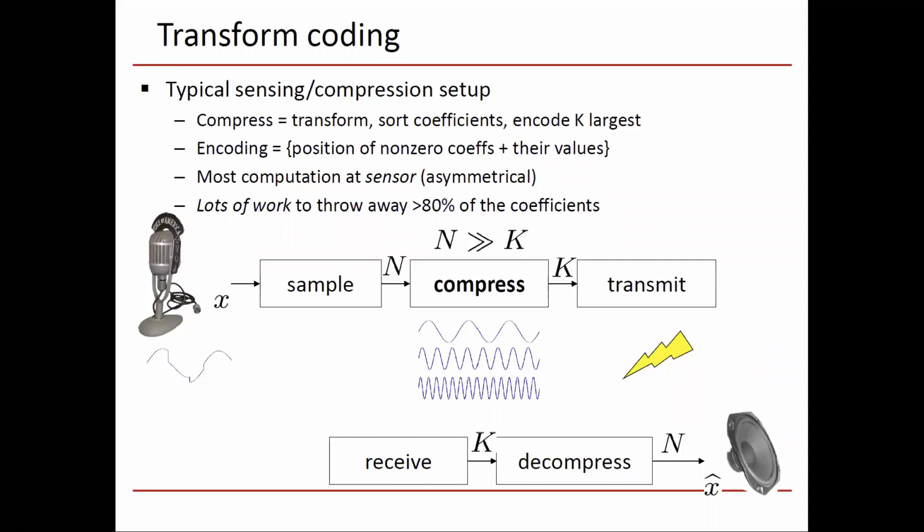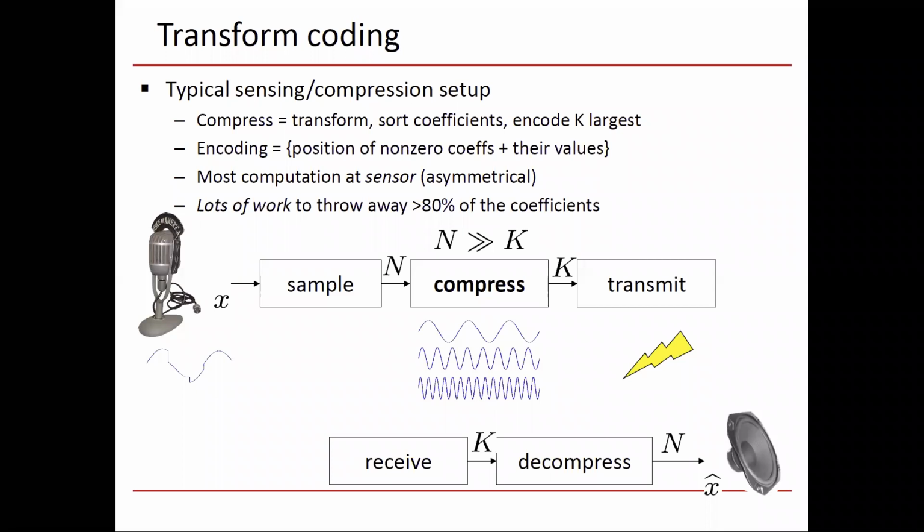So compression here is a sort of transform where we need to sort the coefficients, and we encode the K largest. This requires quite a bit of computation, and most computation in this conventional signal processing paradigm is performed at the sensor. And this is an asymmetrical system because the decoding side is actually lightweight.